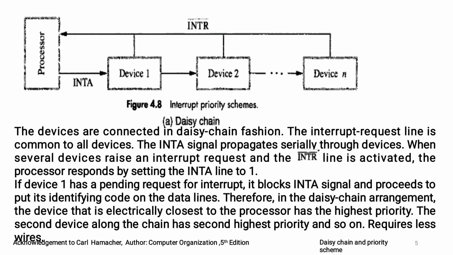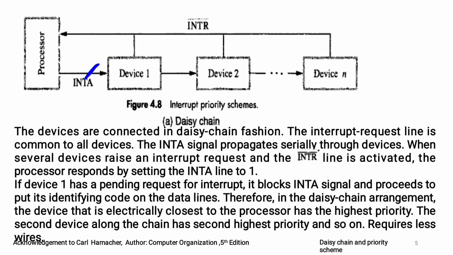If device 1 has raised the request and the processor has sent the INTA signal, then device 1 will block the INTA signal and it will notify the processor of its identifying code. Then the processor serves that device by executing the interrupt service routine corresponding to device 1.